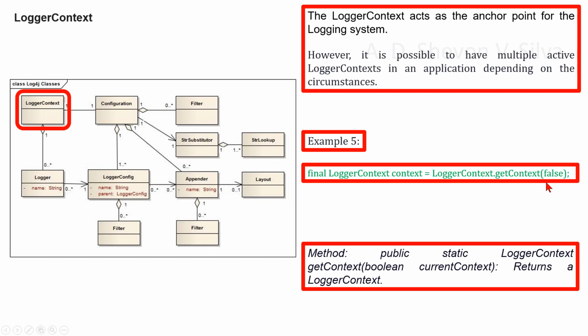For example, in a web application, if the caller is a class in WEB-INF/lib, then one LoggerContext may be returned, and if the caller is a class in a container's class path, then a different LoggerContext may be returned. If true, then only a single LoggerContext will be returned.